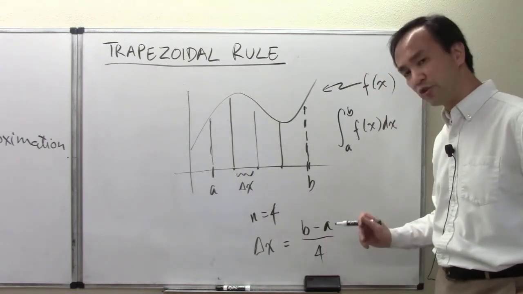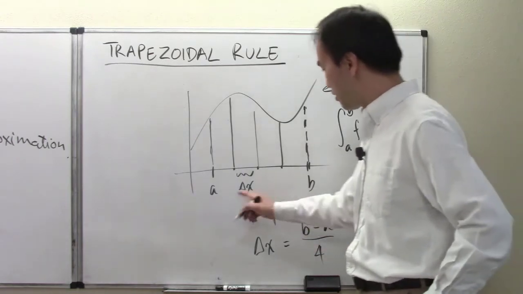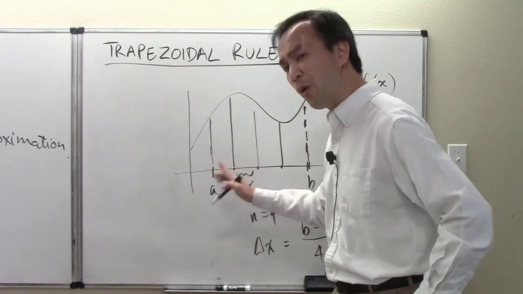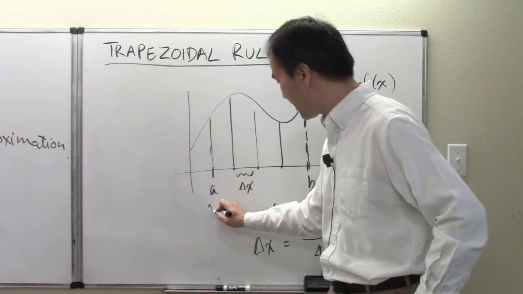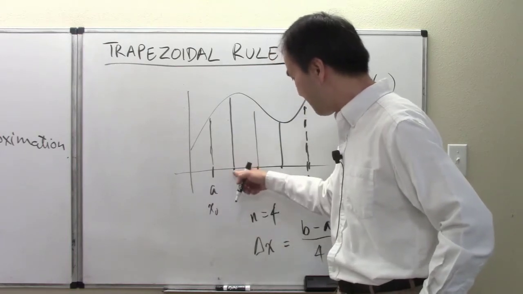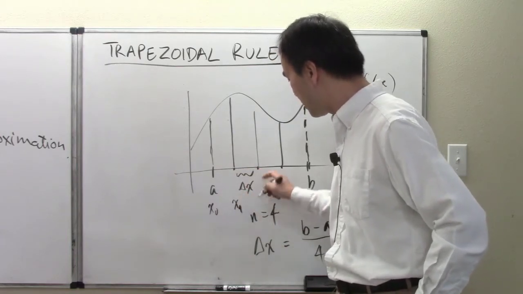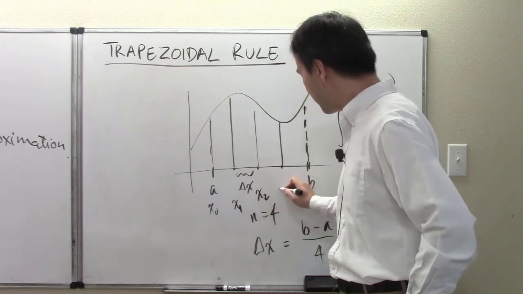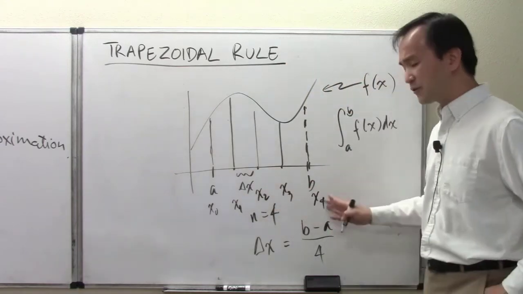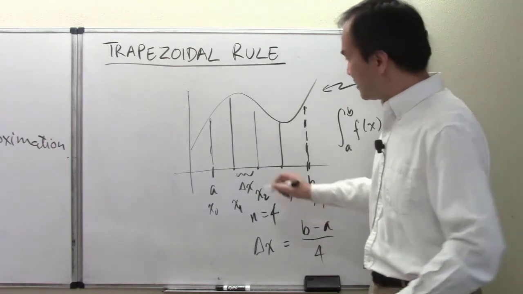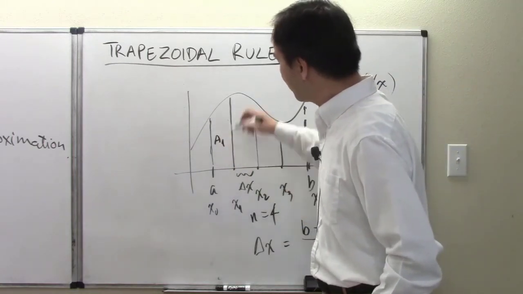That's our value of delta x. And then as far as the partition points, a is the beginning of our interval. I call it x sub 0. That first point right here is x1. This is x2, this is x3, and the last one here is x4. And this is area 1. But here's the thing.